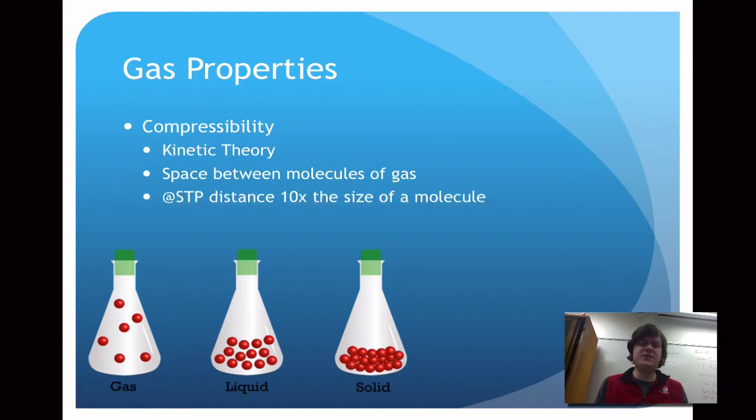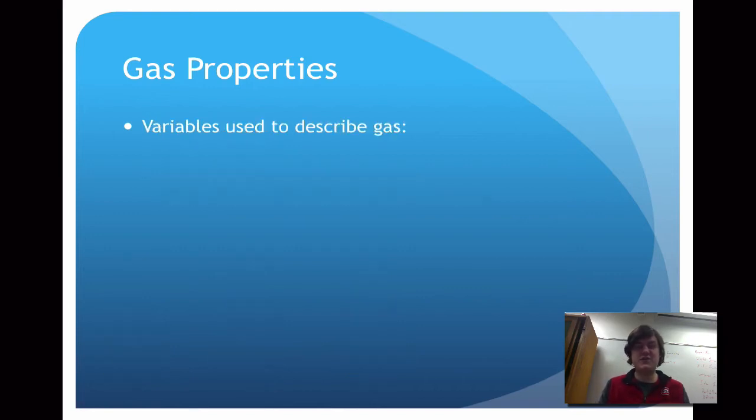At standard temperature and pressure, the distance between the gas particles is, on average, about 10 times the size of the molecule. So, when we draw gas particles in a container, we are usually not drawing them with the actual distance between the particles on average. We kind of accommodate for that so we don't have to draw such large containers.